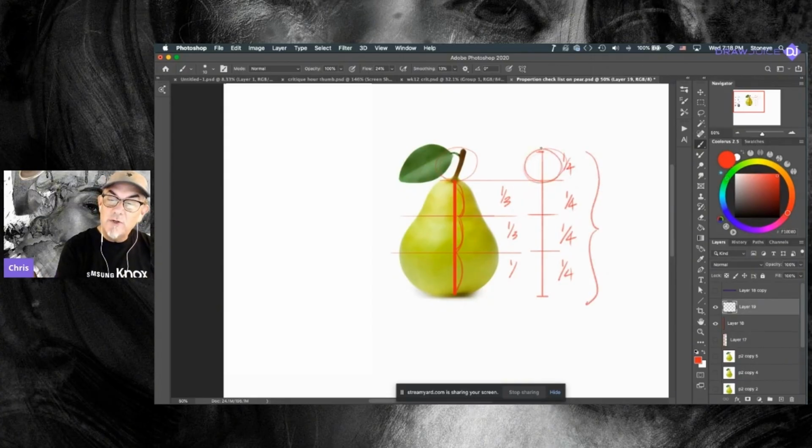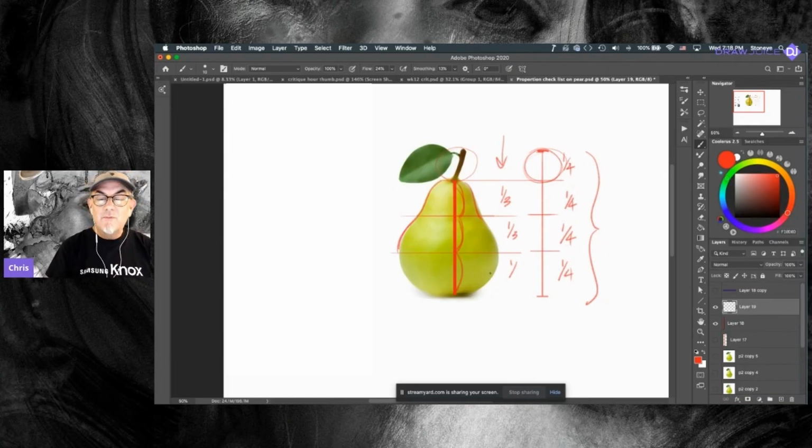So I'll use that one unit. That becomes my unit of measurement, a fourth. In this scenario, I used a third to find how tall that pear is, or within the pear, where that change comes, where it starts to become wider.